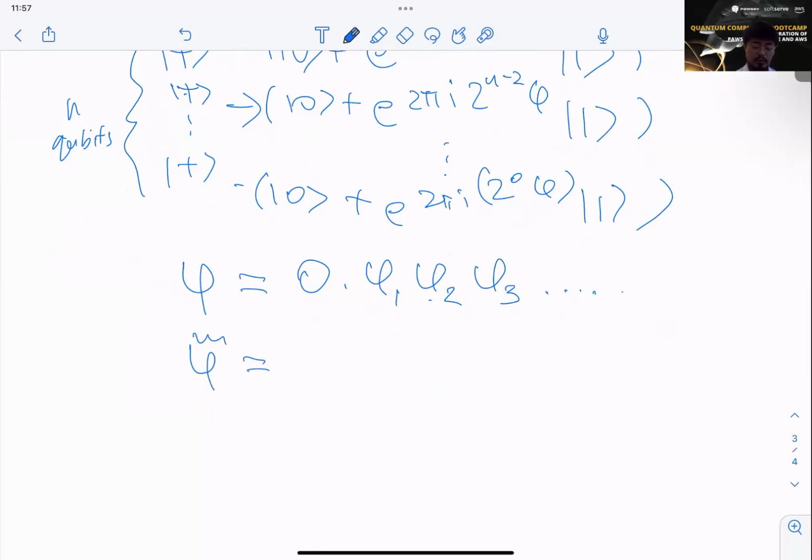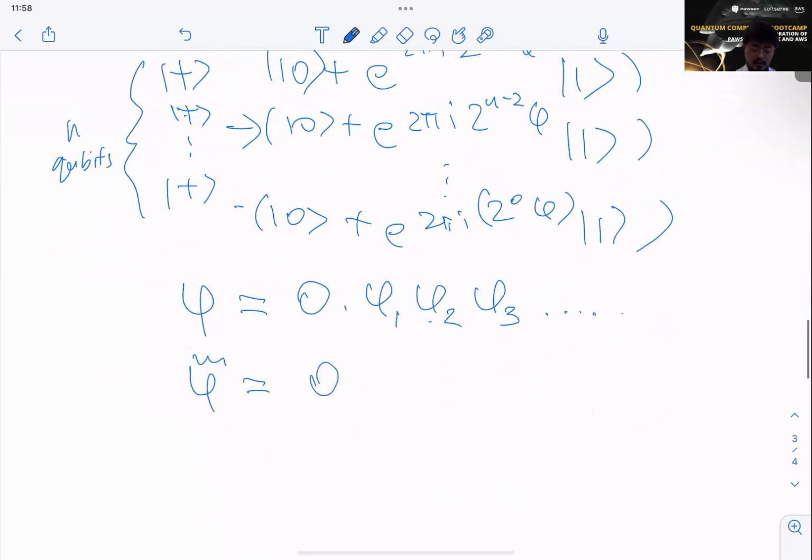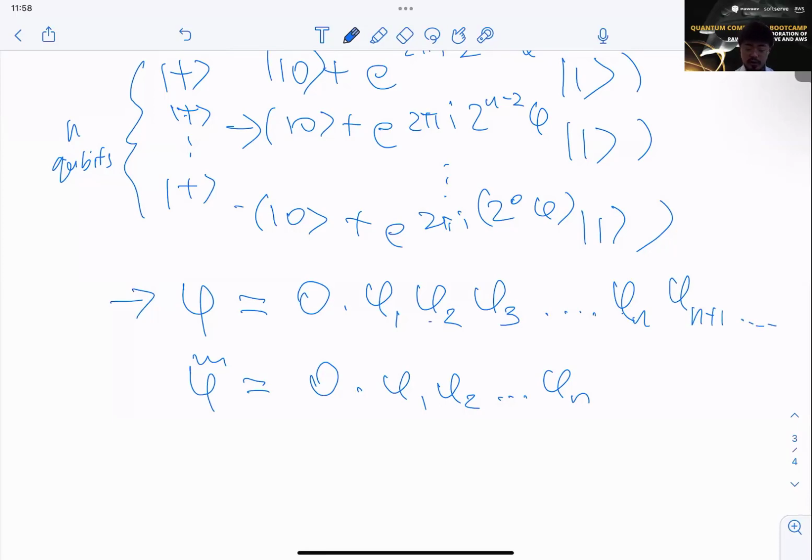So what happens when we do QPE is that we truncate it to the nth qubit. Normally it can go on forever, you can go n plus 1, and so on and so forth. However, when we approximate it, we truncate it at a certain point, at a certain precision that we want. And so choosing your first n qubits for your first register is what decides the precision of your answer if you have to approximate.